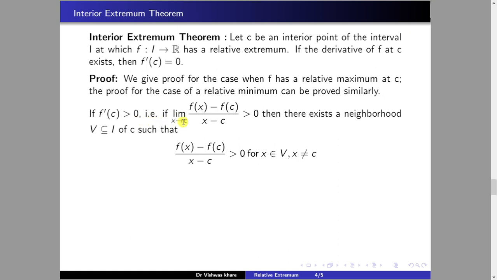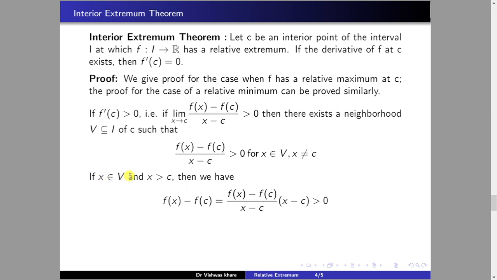That is, the limit as x tends to c of (f(x) minus f(c)) upon (x minus c) is greater than 0, because this is the definition of f'(c). Then there exists a neighborhood V of c, contained in I, in which this expression (f(x) minus f(c)) upon (x minus c) is greater than 0 for all x belonging to V and x not equal to c.